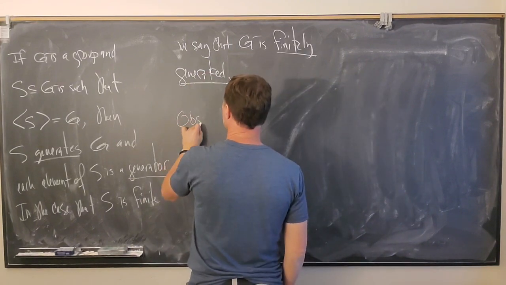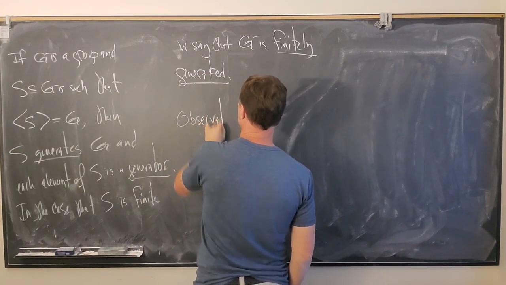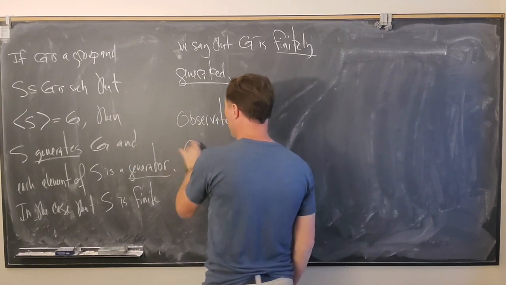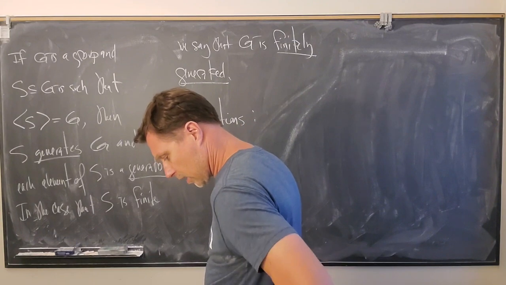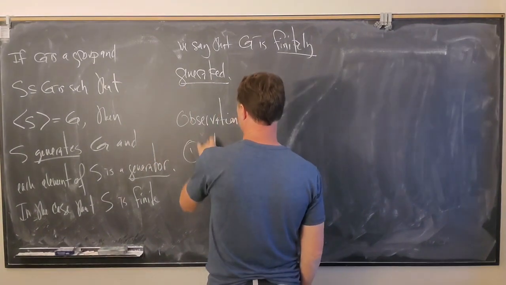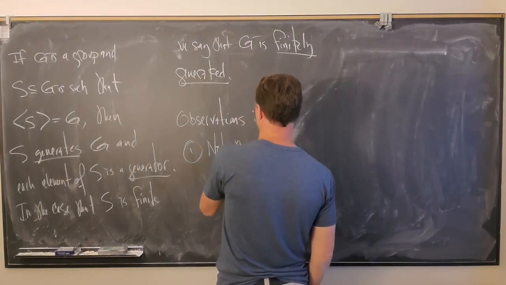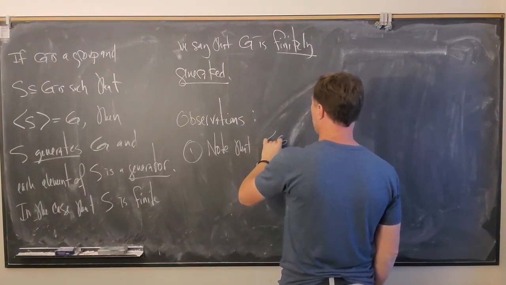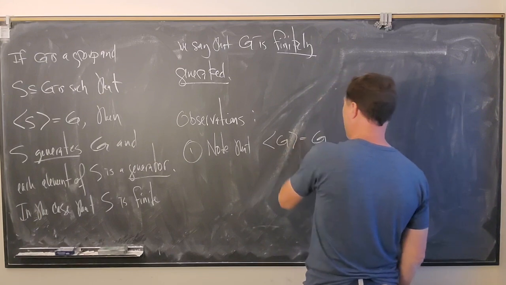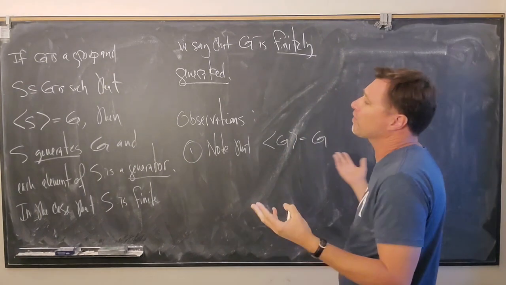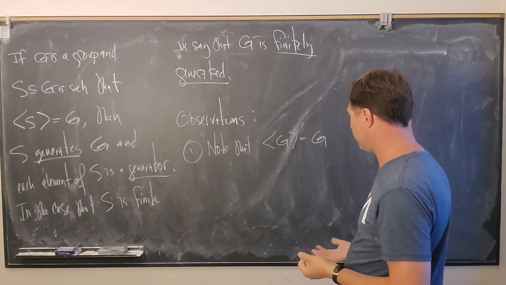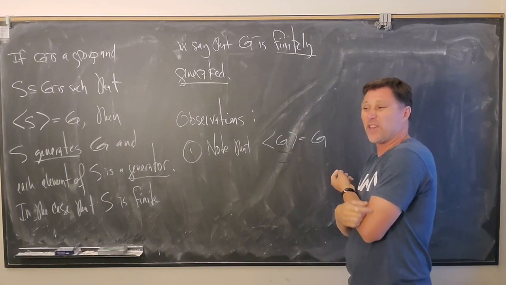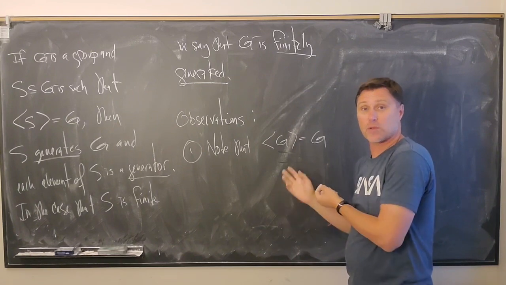So observations. Number one, note that the subgroup generated by G is equal to capital G, and so what that tells us is every group has a generating set. This is not particularly interesting, right? It's not a very efficient generating set, and in many cases that's what we're actually after.